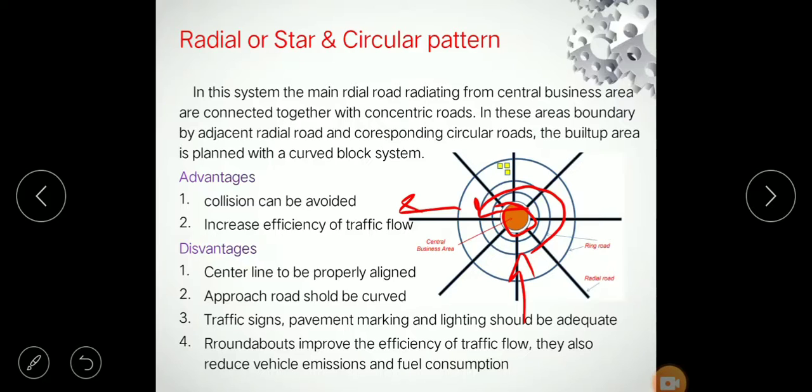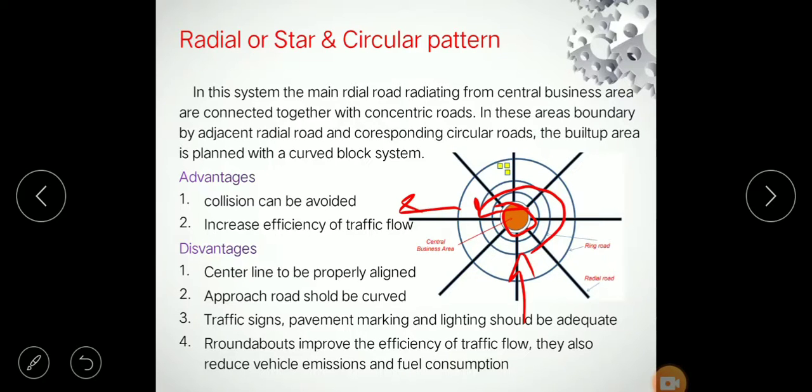right? Then there are also some limitations of this method. The center lines of the roads leading to the circular pattern should be properly aligned with the center island. The approach road should be sufficiently curved far enough in advance of the circular pattern to reduce the vehicle speed of the entering driver.